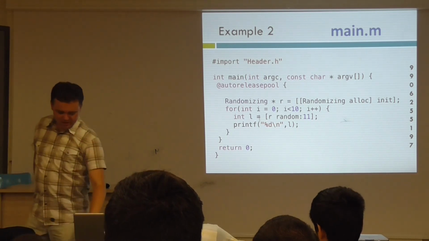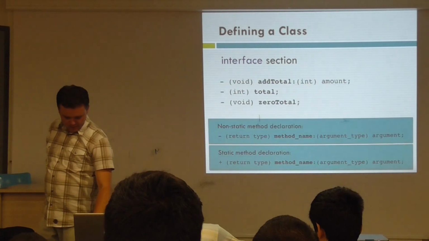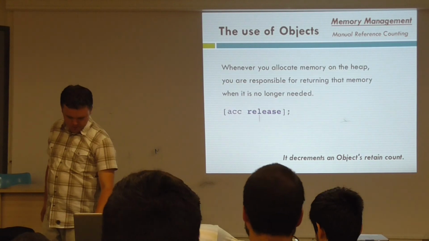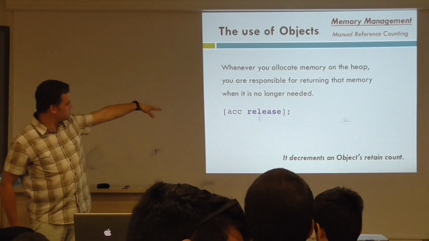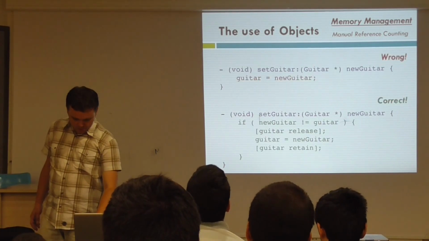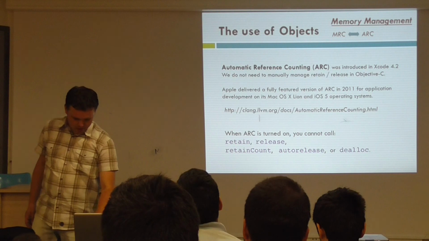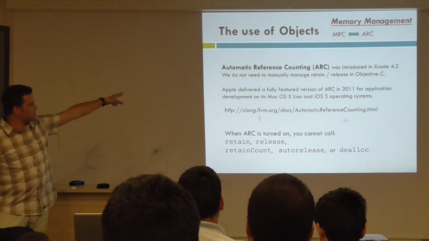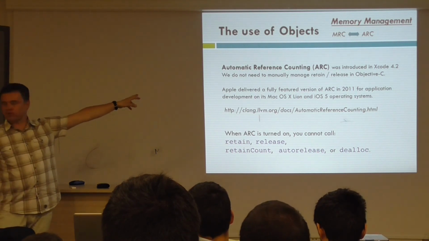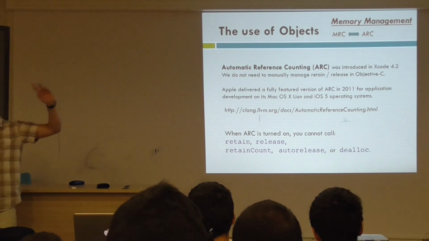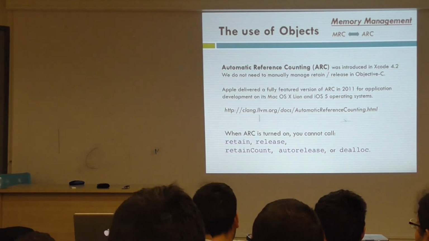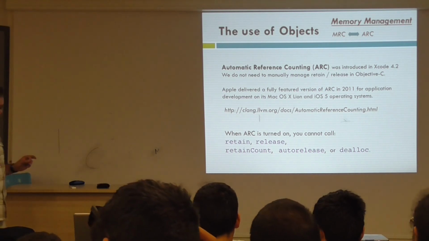So in Objective-C you have different solutions. First was manual reference counting, release, retain, and the newest and best solution is ARC, automatic reference counting. It was introduced in Xcode 4.2. So how does it work? It doesn't work like a garbage collector.